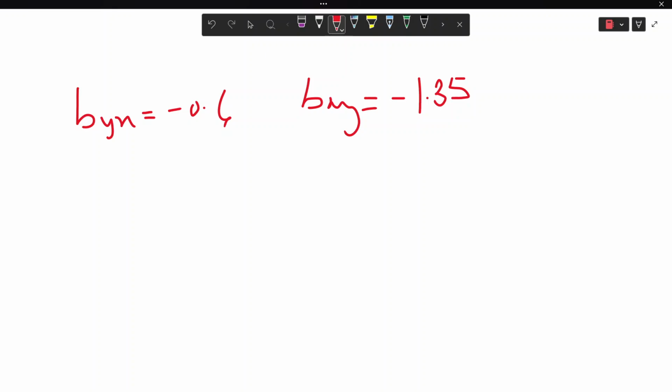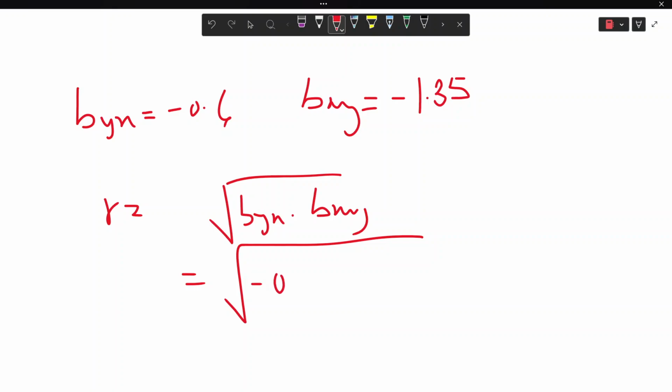So our r is given by the square root of negative 0.6 times negative 1.35.